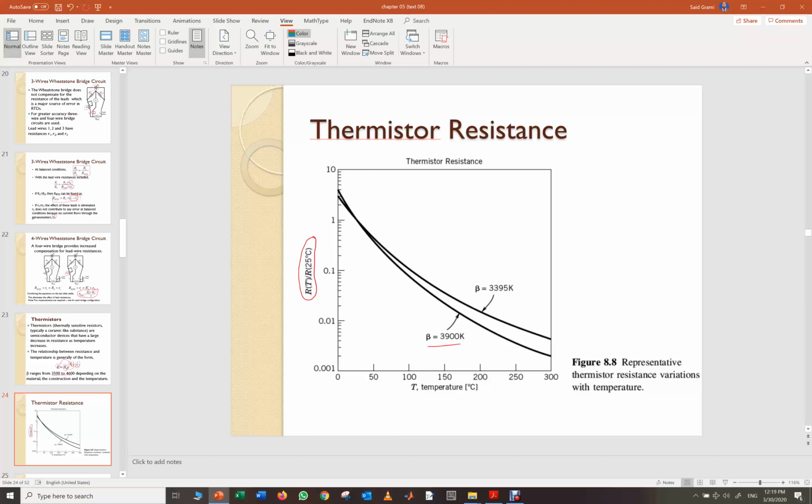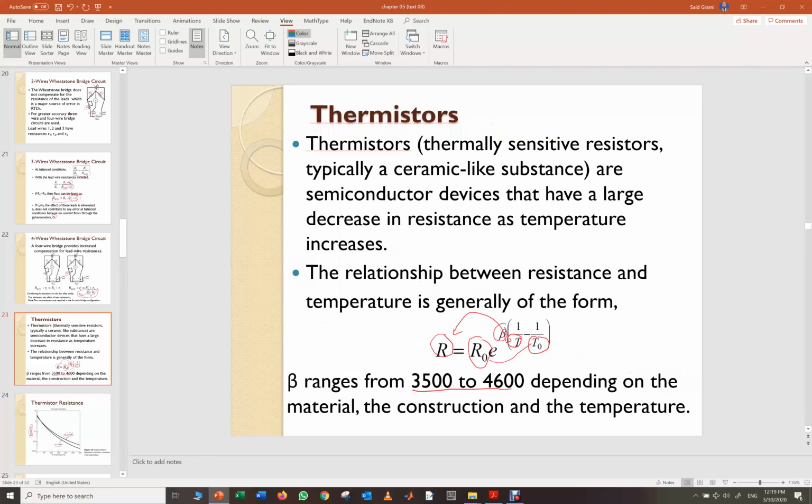So be careful here, the temperatures are in Kelvin. When you use the previous equation, T1 and T2 should be in Kelvin. We have to convert T1 and T2 to Kelvin, because beta is in Kelvin.